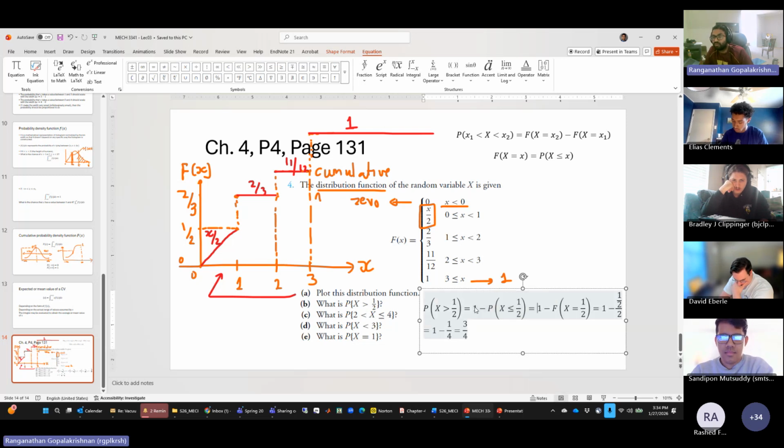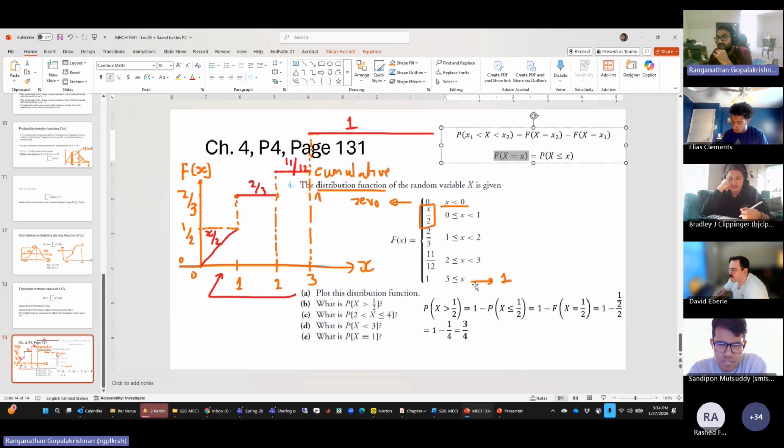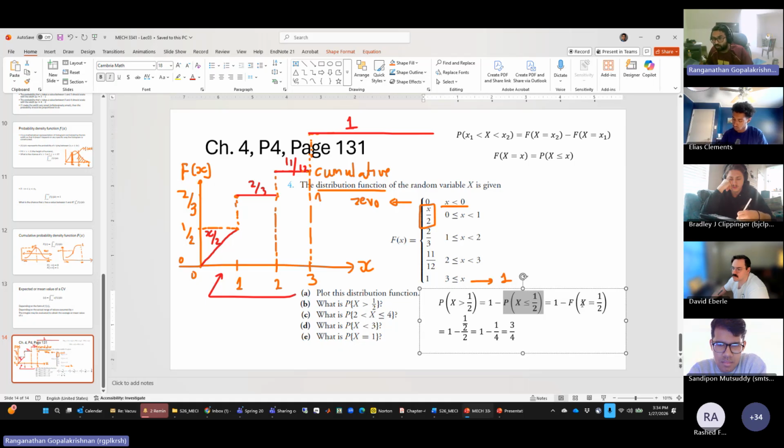Now this particular value is the probability of x assuming values from the beginning until half. That is precisely the definition of the cumulative distribution function. That is like evaluating it at x equals half. So this is exactly equal to this.